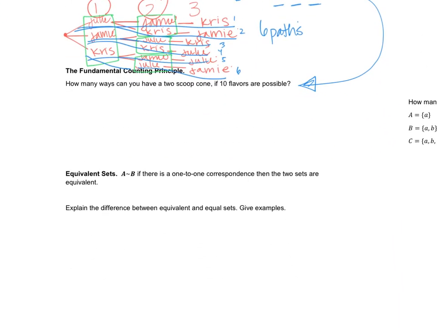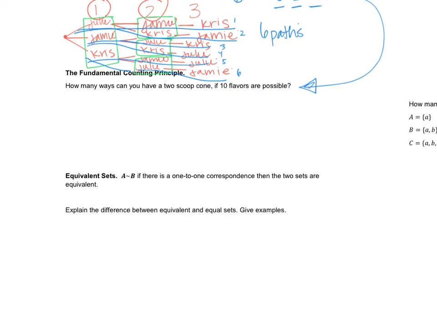And so if I look at the question here, it says, how many ways can you have a 2-scoop cone if 10 flavors are possible? So what you can say then is that there are 10 ways to choose the first flavor, and then, let's say you don't want the same one again, there are only 9 ways to choose the second flavor.